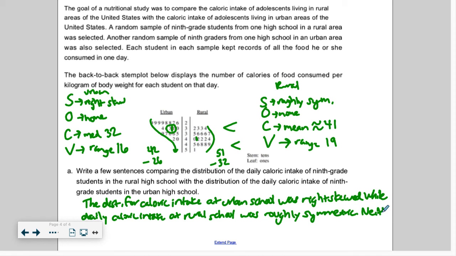Neither distribution had outliers. And now here's where I can get my comparisons in.